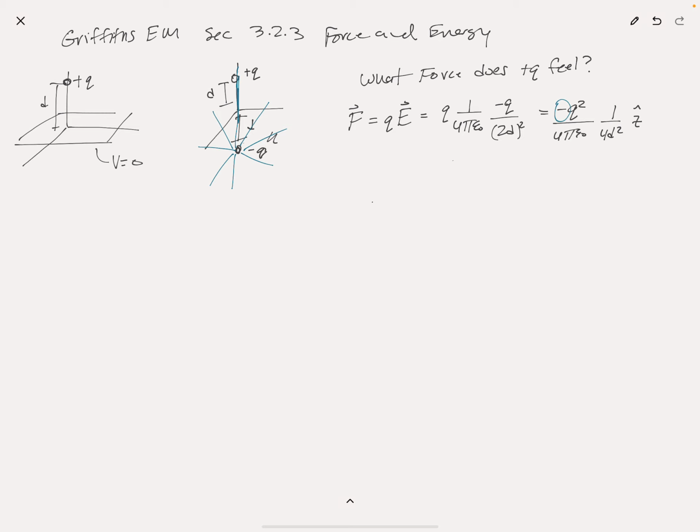Now, how much energy is associated with that configuration? We have a handful of ways that we can calculate the energy of a configuration. Let's start with one where we calculate the minimum work that's required to build that configuration. So I start with my conducting plane. There are no charges on it.